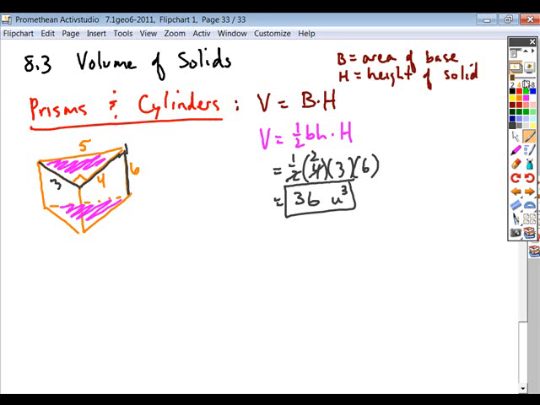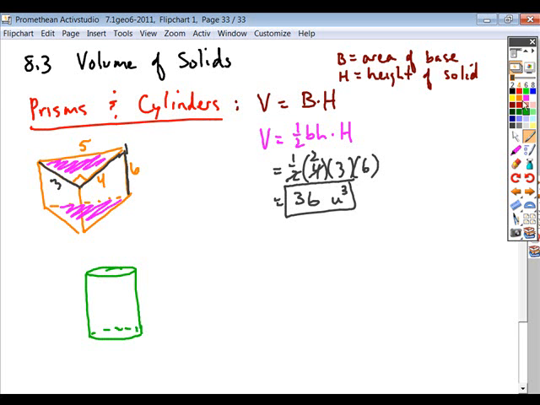As far as cylinders are concerned, the cylinder is exactly the same formula. There's absolutely no difference. The reason that these have the same volume formula is they're both set up with parallel and congruent bases that are just connected through a solid link of figures.